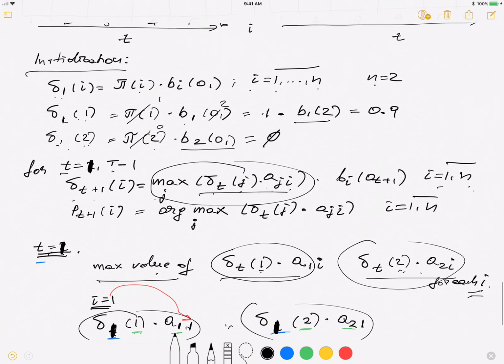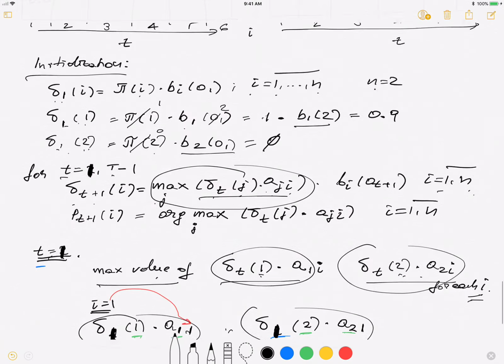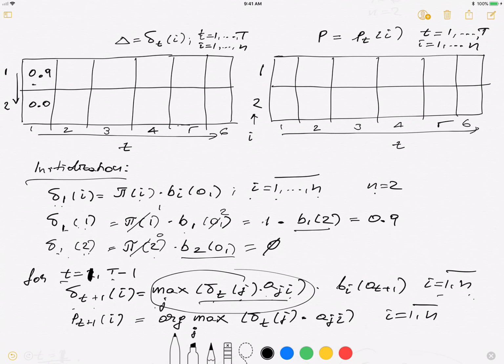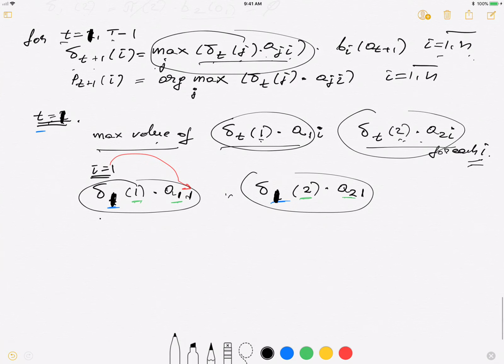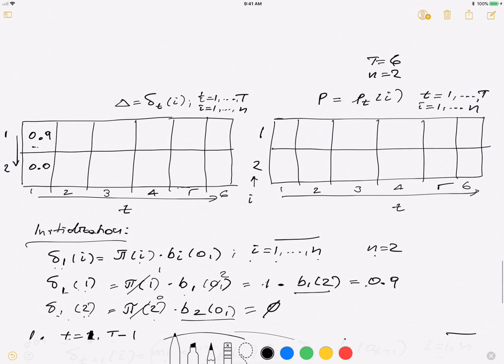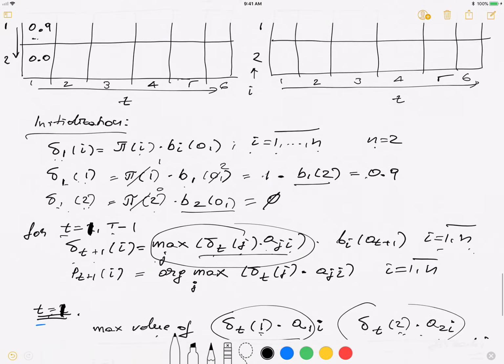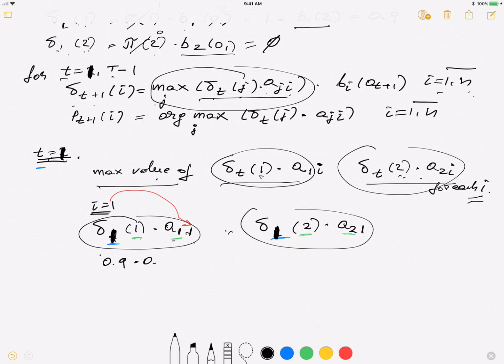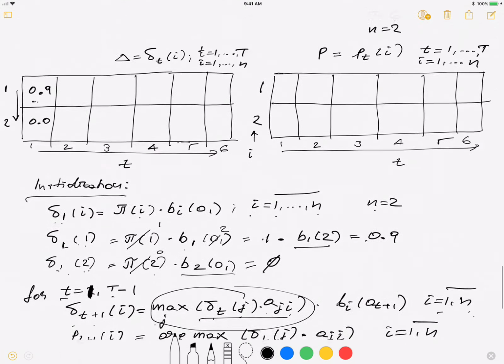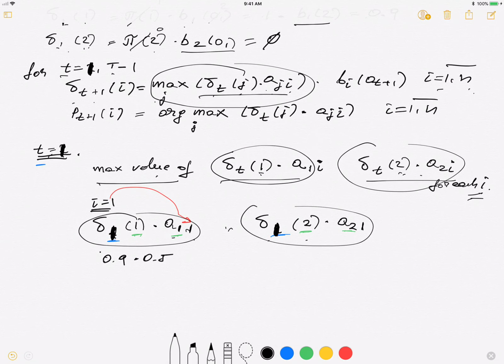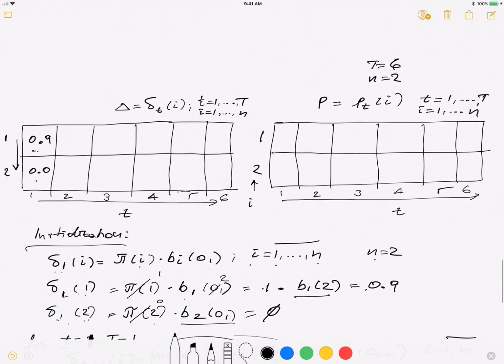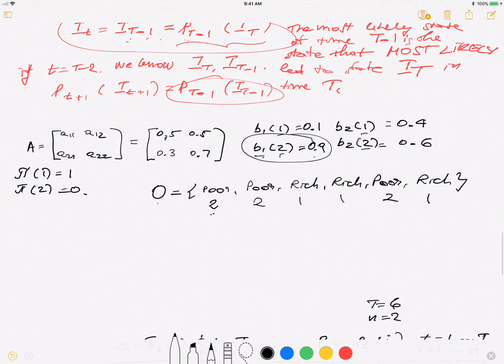And now I can calculate this. Delta 1, 1 is what? 0.9. A11 is 0.5. Delta 1, 2 is 0. A21 is 0.3.